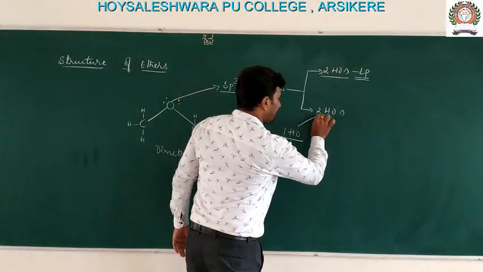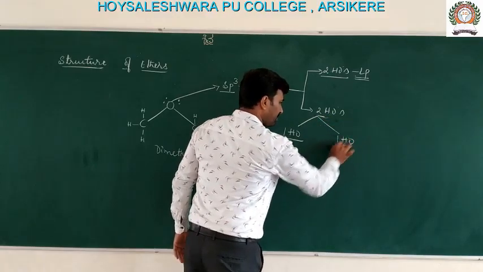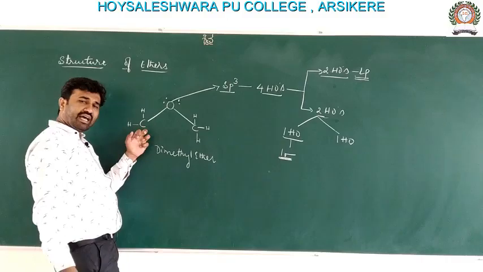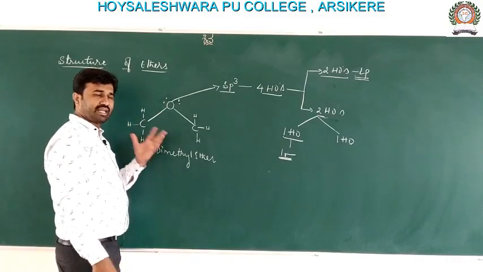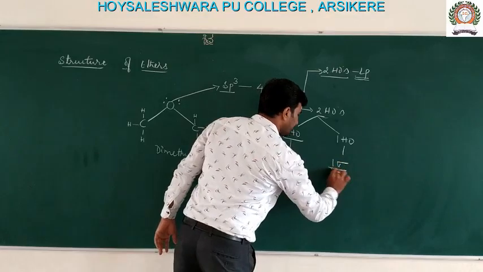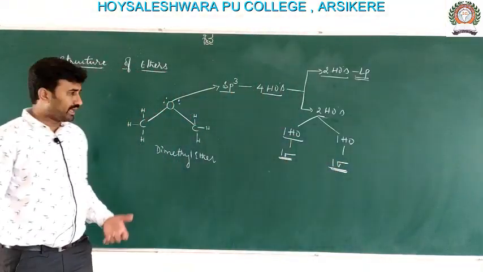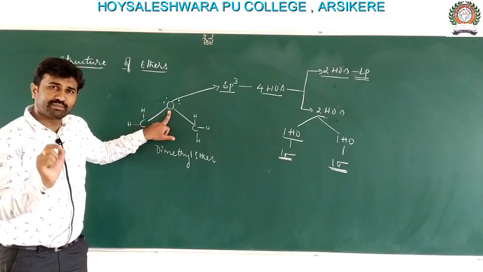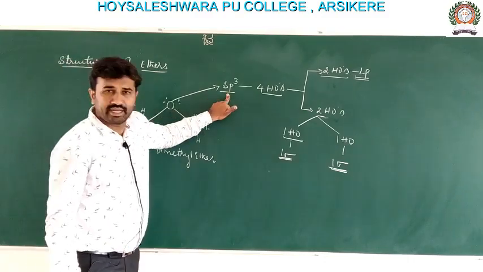Similarly, another hybrid orbital of the oxygen atom overlaps with another carbon atom of the alkyl group to form another sigma bond.